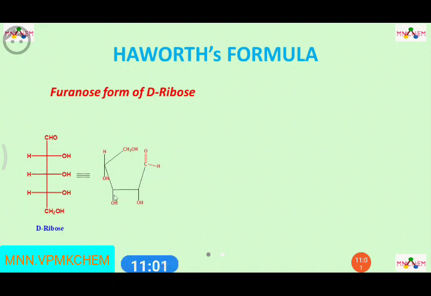In this representation, the hydroxy group and the CHO group are in the eclipsed form. So we can say they are not oriented in a proper manner to react and form hemiacetal.